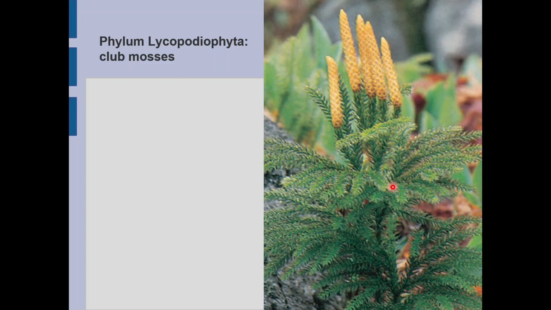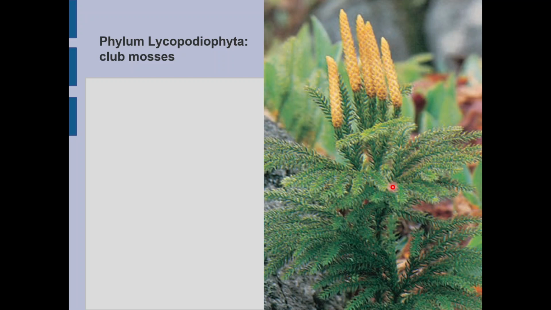The club mosses have roots, rhizomes, and erect or trailing aerial stems, and small scale-like single-veined leaves that are microphylls.